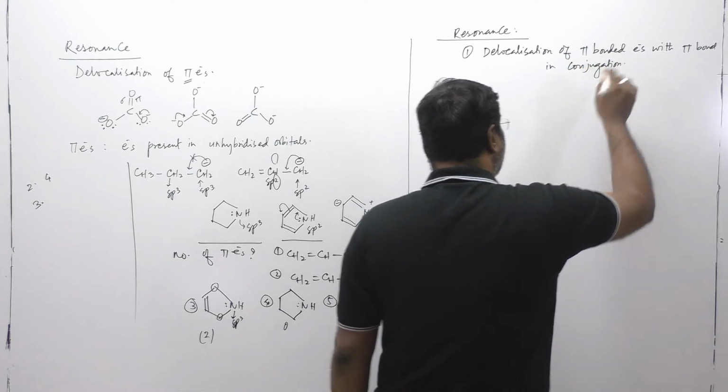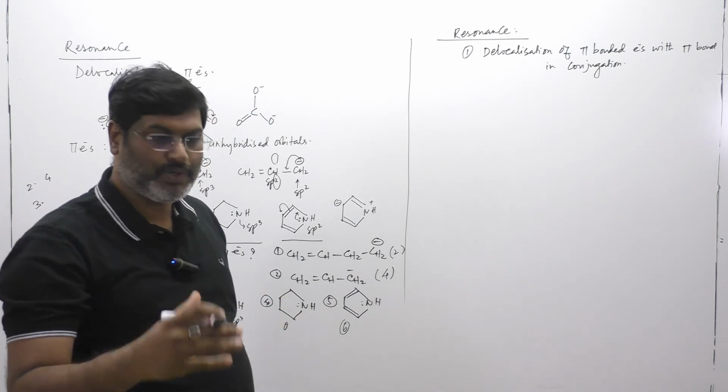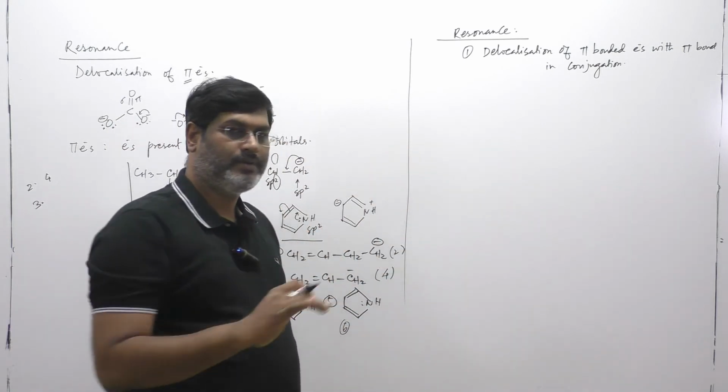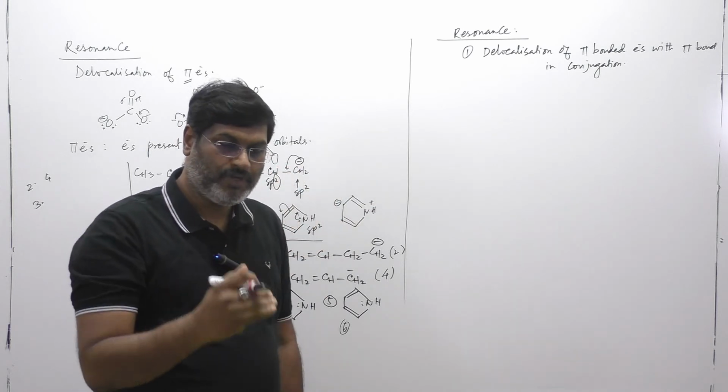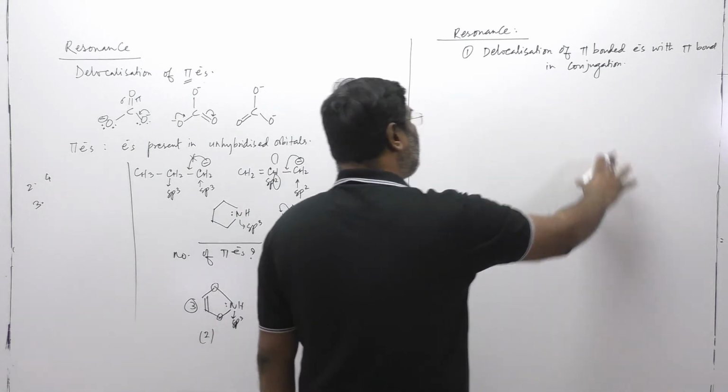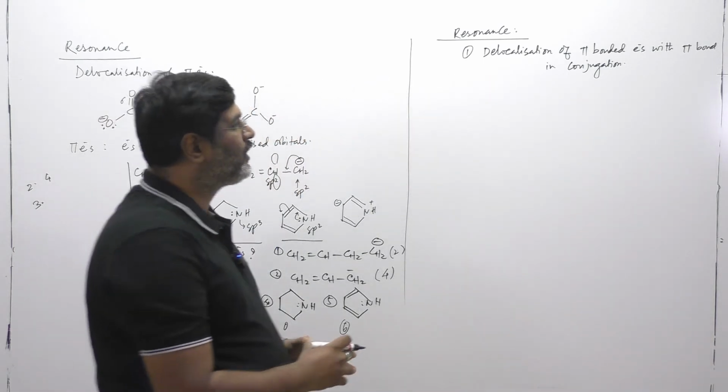Conjugation means the alternate arrangement of bonds, one next, one after one. This is conjugation, alternate arrangement.